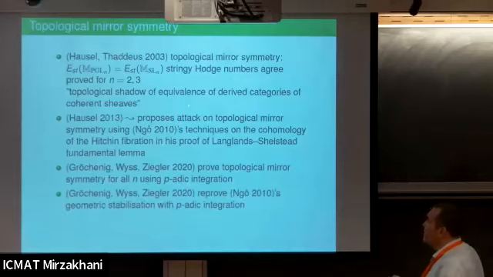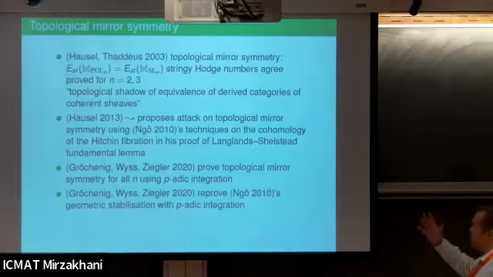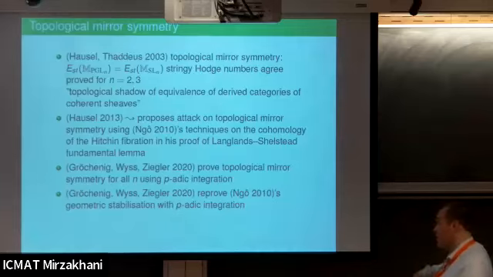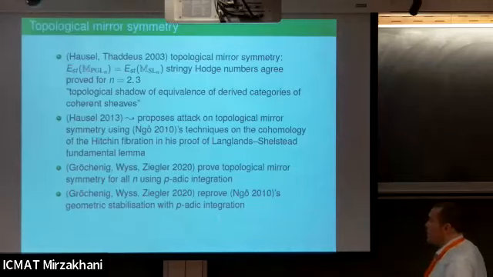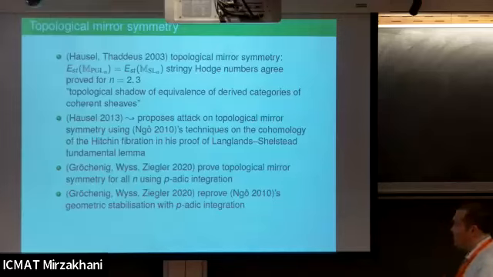Then they turned this argument backwards, and used the same techniques to prove Ngô's geometric stabilization using p-adic integration. I find this the most exciting application of these ideas: motivation coming from physics, but then you prove something important in number theory, and you use relatively simple arithmetic techniques to achieve that.